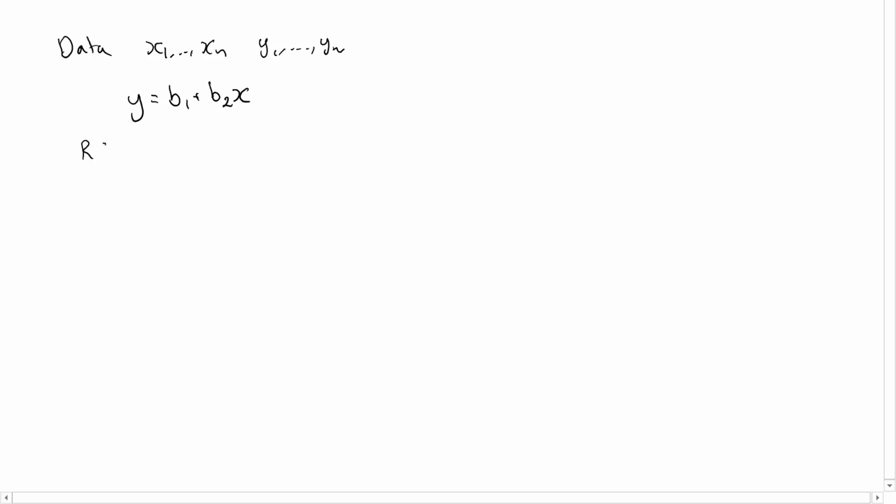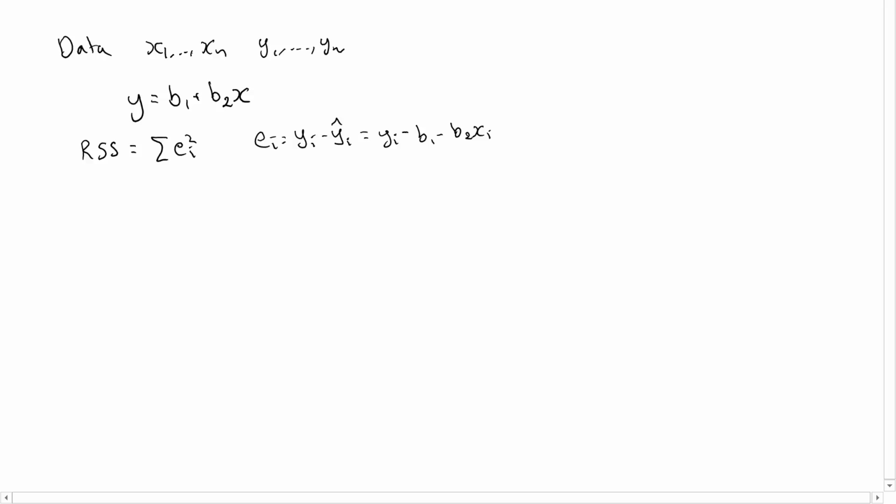So RSS is defined as summation ei squared, with the residuals defined as the difference between the actual observations and the fitted values, and the fitted values are b1 plus b2 xi, so this is yi minus b1 minus b2 xi.